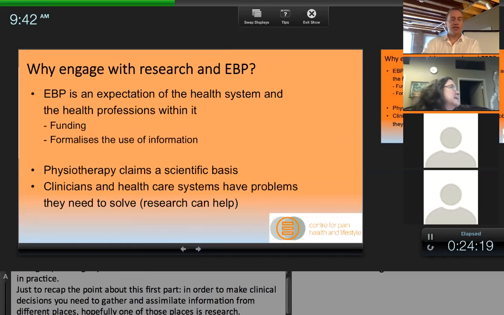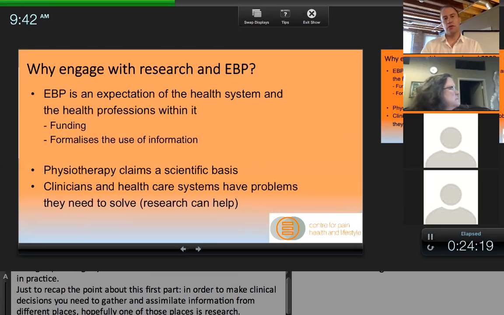And this is, I guess, also clinicians and healthcare systems have problems they need to solve. Okay? And they may or may not be able to solve them alone in their clinic. And so science, or research, can be used as a tool to try and understand better and to solve those problems. All right. So essentially, the way that I'd like to think about EBP is that this is really about gaining skills to make good judgments about the information that you have in front of you.